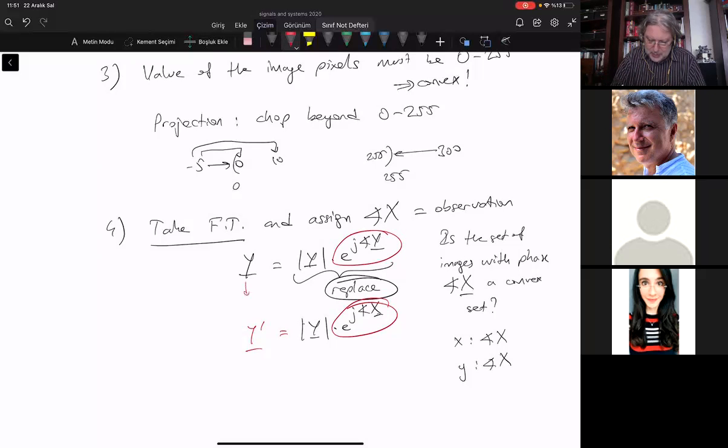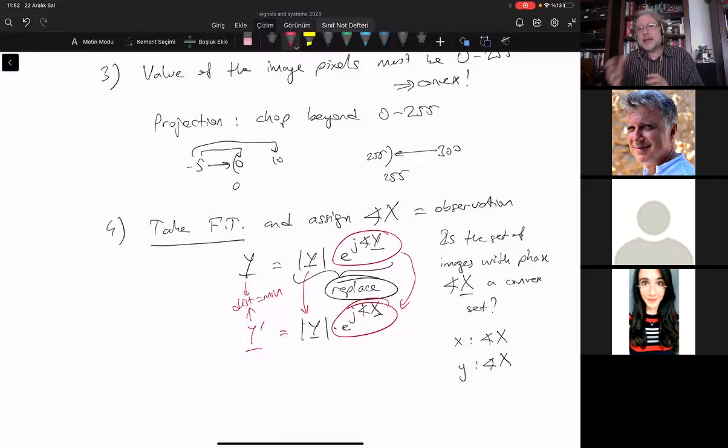So the distance between these two is the minimum. Of course, you have to replace the phase, the angle term. This replacement is necessary, but do not touch the magnitudes. Don't do anything. Keeping the magnitude is the orthogonal projection.